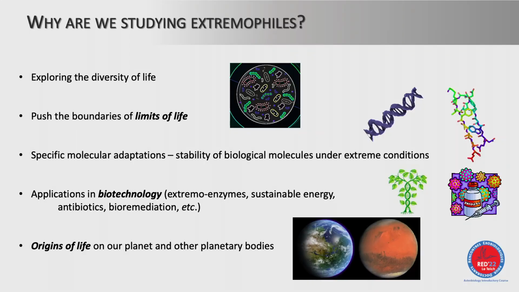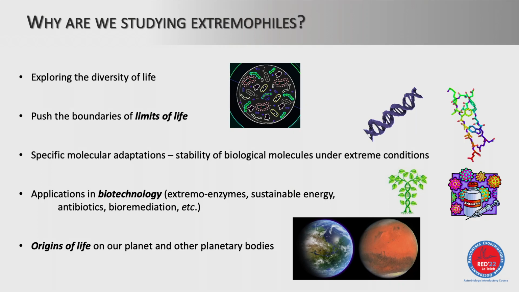You can also think about extremophiles for sustainable energy, because they can produce green hydrogen. Some Streptomyces species can also produce antibiotics that are really useful for the pharmaceutical industry.